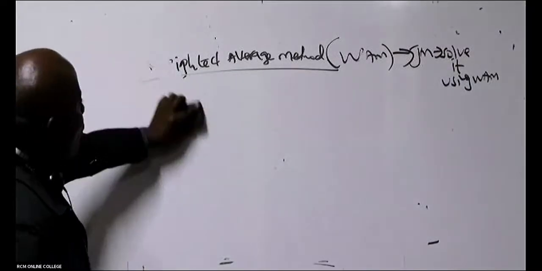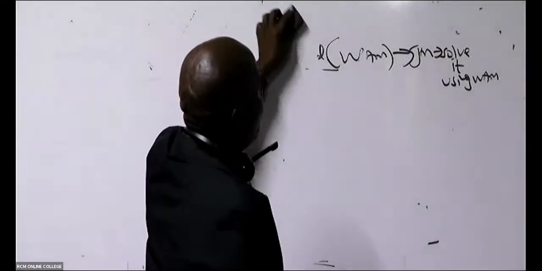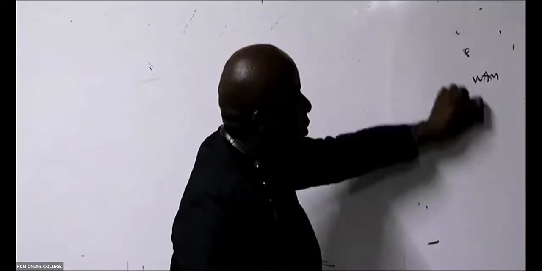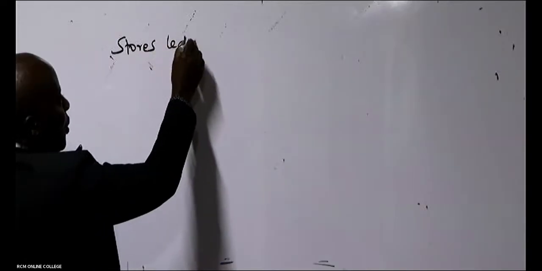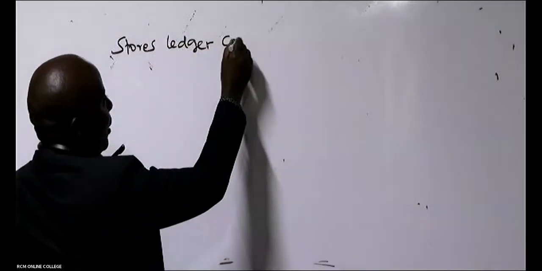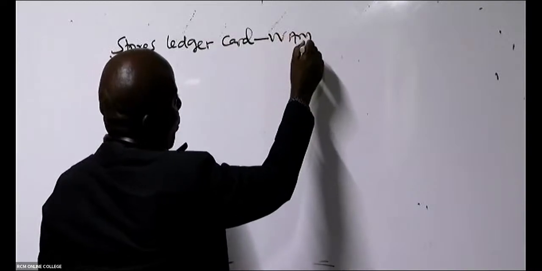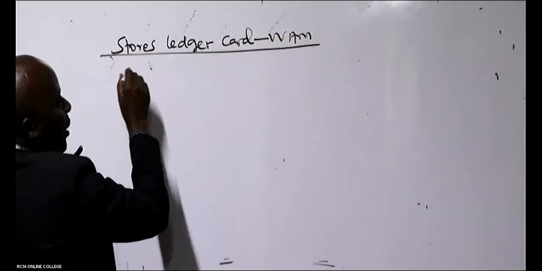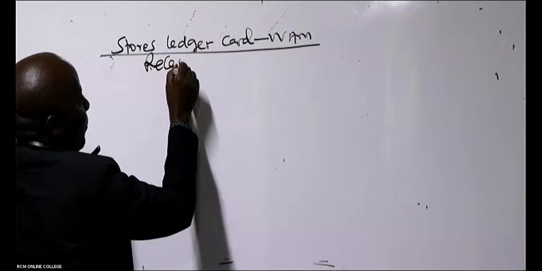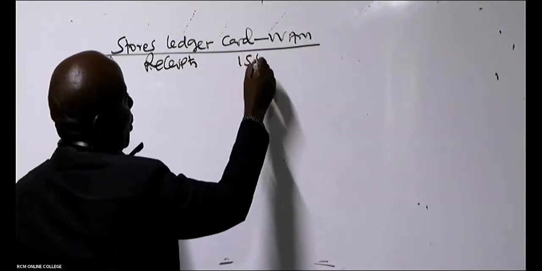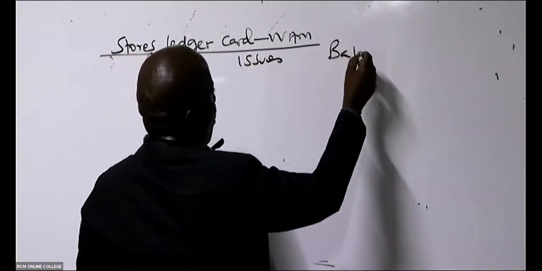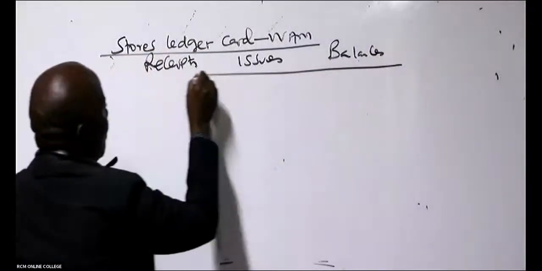First of all, I'll grab this title to create more space for my camera. And then I'll be able to do quantity here. We are doing the stores ledger card, don't forget. But this time around, we're using the weighted average method. So we have receipts, issues, and then balances.